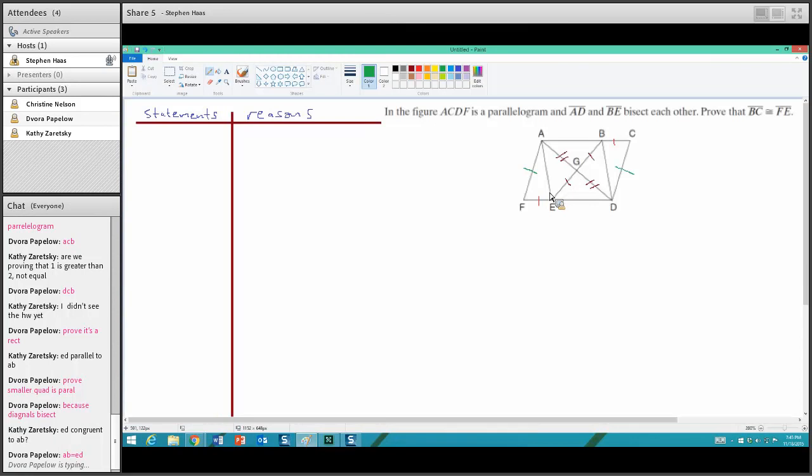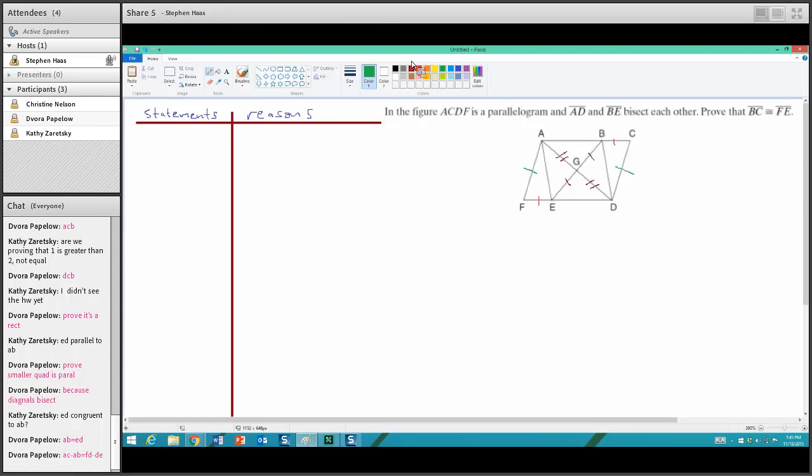Once we prove that this whole thing in the middle over here is a parallelogram, let's fill in this whole thing in the middle.